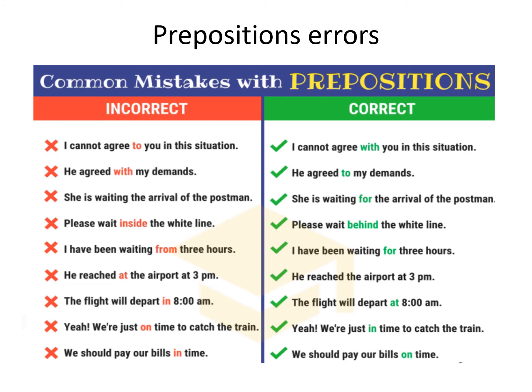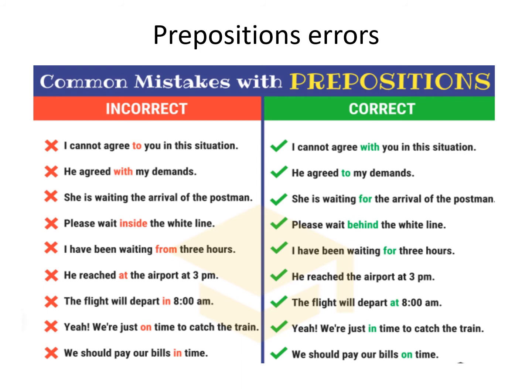Or wait inside the white line, it should be wait behind the white line. Or waiting from 3 hours, it should be waiting for 3 hours. Or reached at the airport, not reached the airport. Or flight will depart in 8 a.m.? No, flight will depart at 8 a.m.